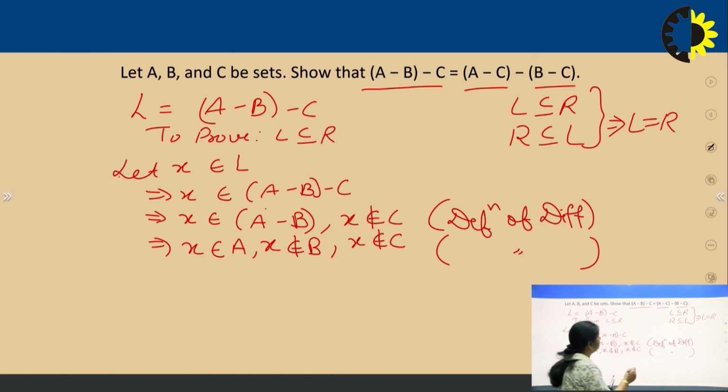I have to prove that it is equal to (A minus C) minus (B minus C). It means I need to collect A with C to find that expression.